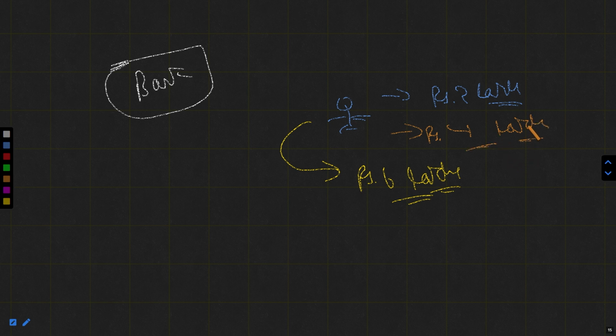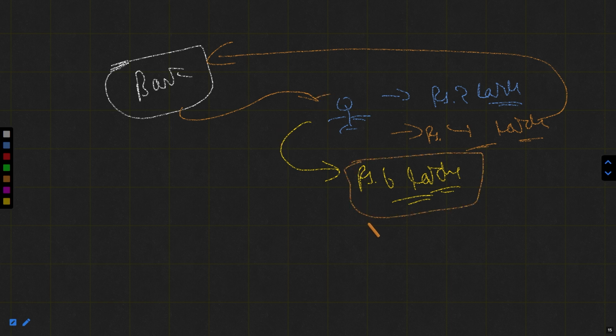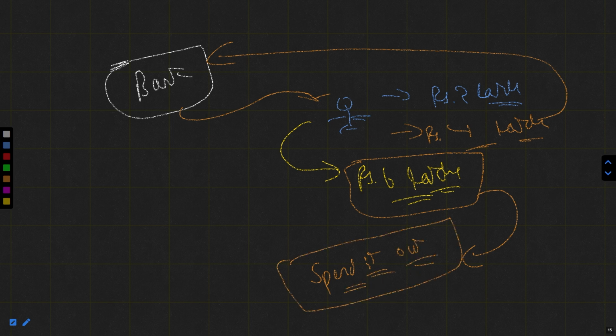Where to obtain these 4 lakhs? The person could reach the bank. When the bank provides 4 lakhs to him as a loan, how much amount has he got? 6 lakhs. That was his requirement. So he will spend it out, or use this amount, not in the bank, but in the economy.